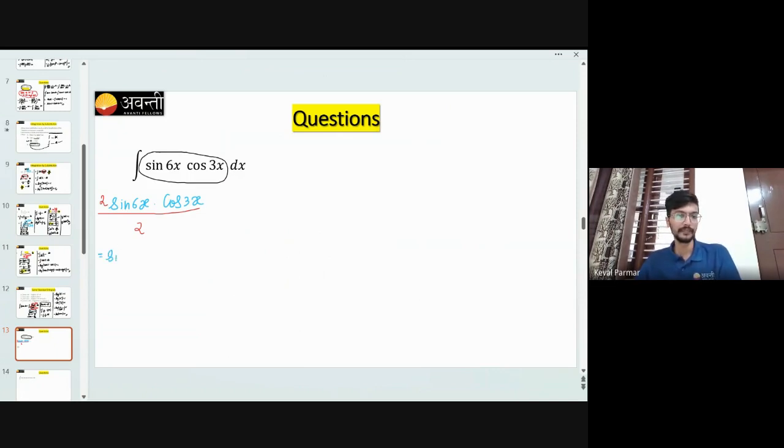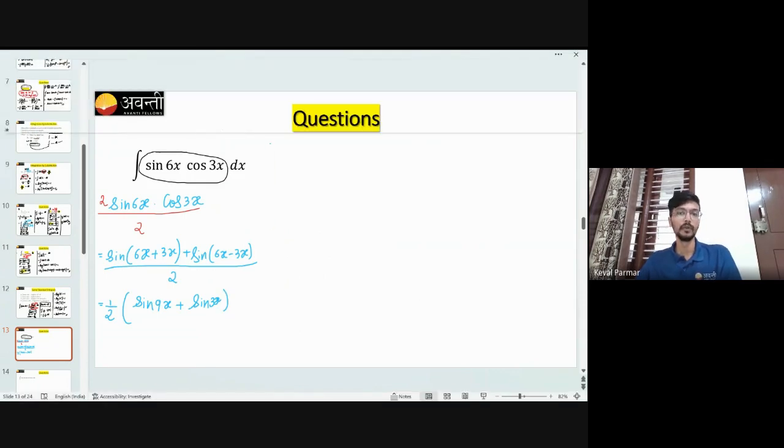It is sine of (6x plus 3x) plus sine of (6x minus 3x), upon 2. So that is 1 by 2. I'll take it out. I will get sine 9x plus sine 3x.